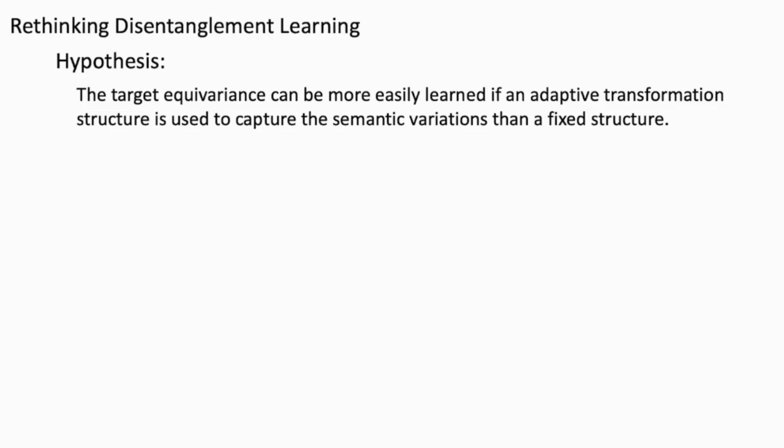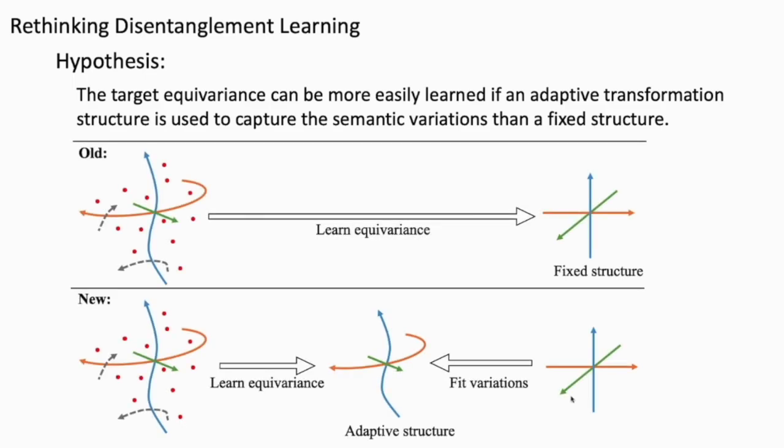This idea is conceptually expressed in the following figure. On the left, we show the variations in the data space, and on the right-hand side, we show the transformations in the latent space. In the old fashion, a learning method needs to learn the equivariance on the fixed latent structure, while in the new one, the method can update the latent structure to fit the data variation.